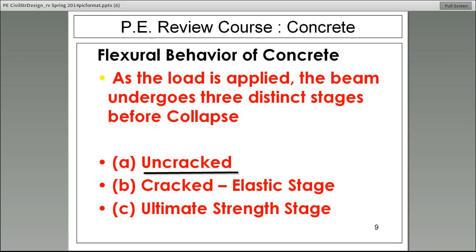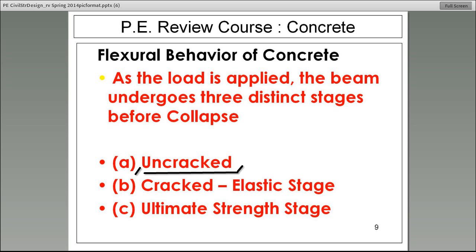Finally, there comes a moment, in terms of force moment, that the first crack occurs on the tension side of this beam. That is the very first crack that is developed, and that is the end of the first stage of the life of that concrete beam. It's no longer uncracked.